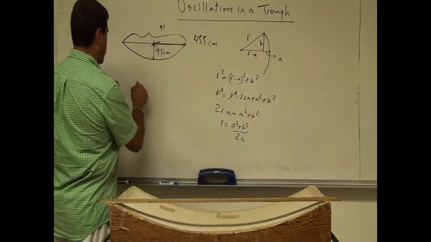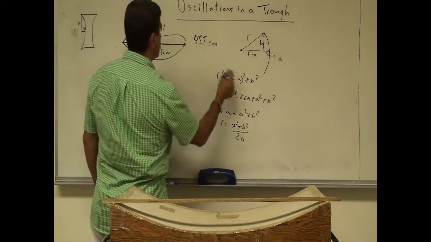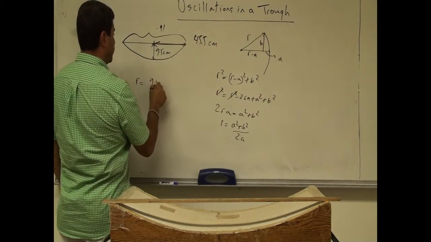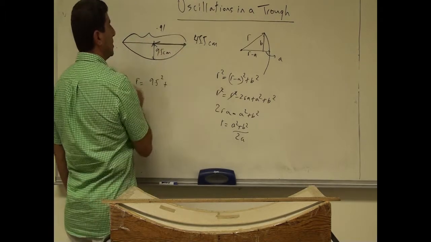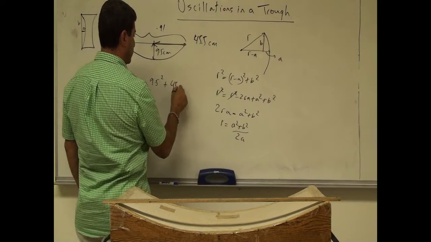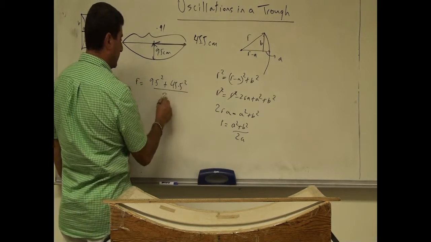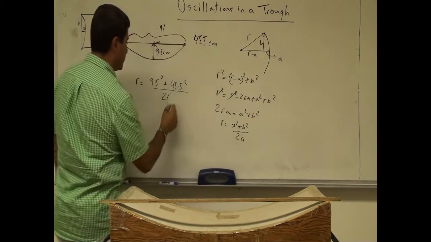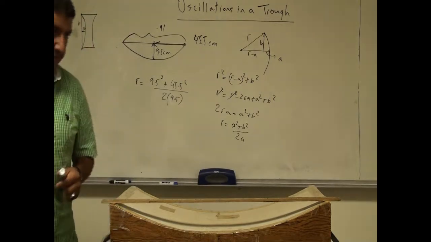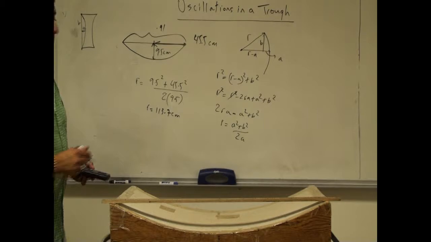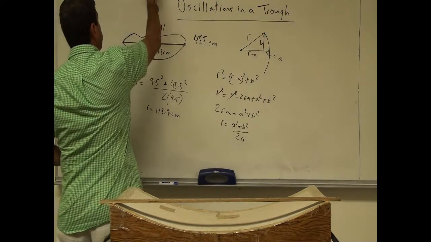Okay, so let's calculate what that is. My A is equal to 9.5 centimeters, and I'm going to square that, and B is equal to 45.5 centimeters. Then I'm going to square that, and divide by 2 times A, 9.5 centimeters. So let's calculate that.